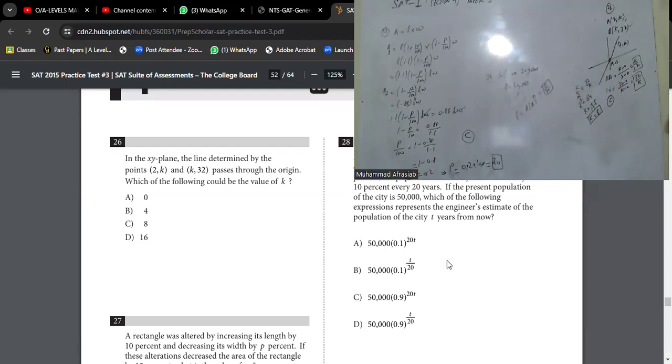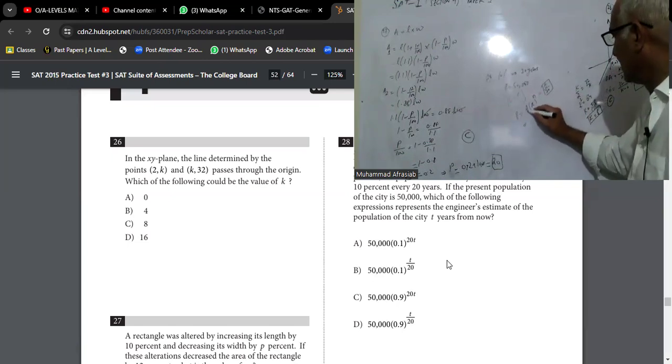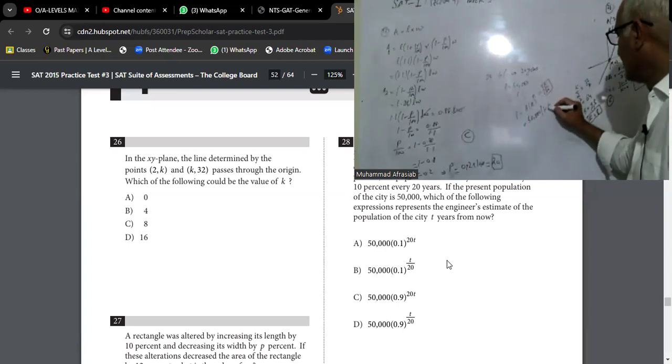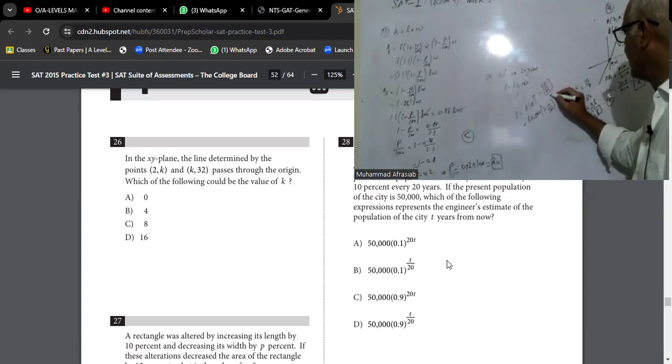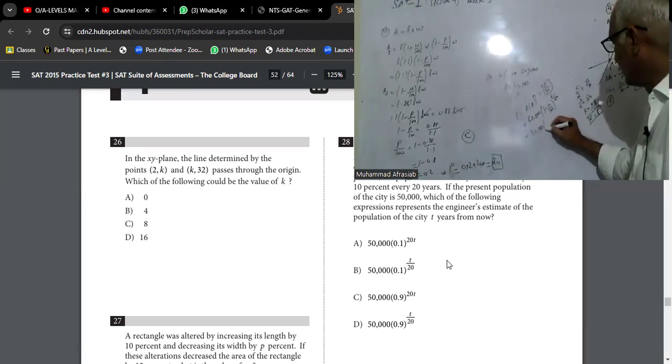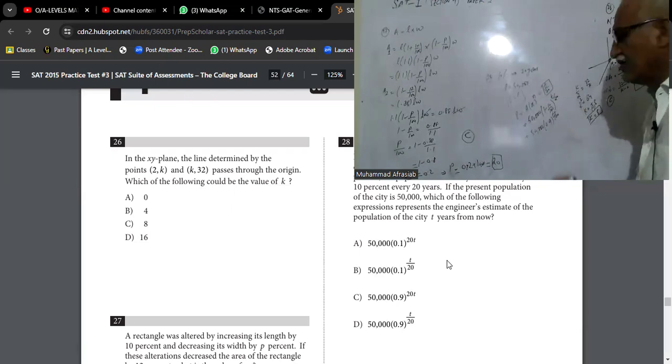T is the total number of years, and after every 20 years it is decreased by 10%. A is the initial population, 50,000. It is 10% decreased, so 1 minus 10 over 100 power T over 20, which is equal to 50,000 into 0.9 power T over 20.